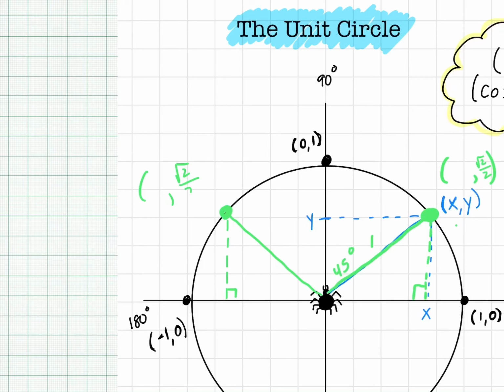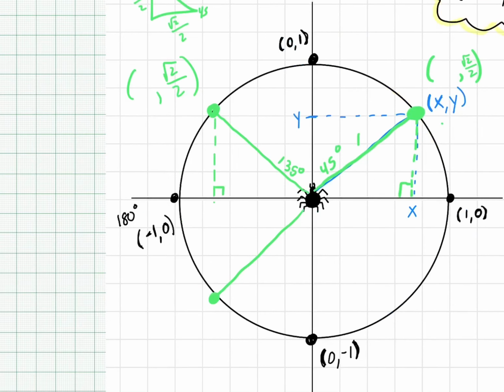I'll leave this little triangle up here again for reference. This is just helping us out here. Now I've got this line at this point, and I want to figure out what the angle and the coordinates are here. We're still using this 45 triangle, but here it's flipped upside down, and you'll notice instead of going up by square root of 2 over 2, this time we're going down by that many.